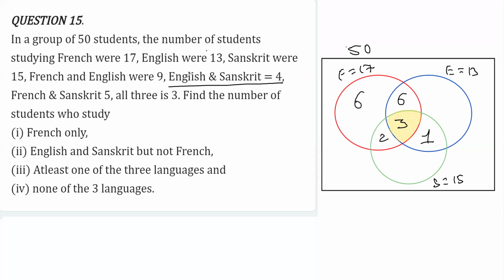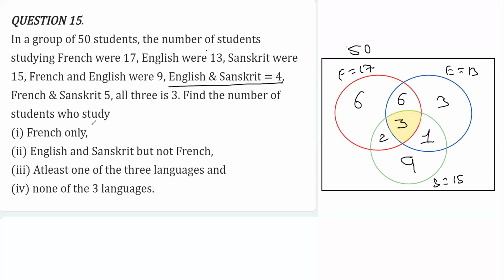Similarly, only English will be 13 minus the sum of these, 6 plus 3, 9 plus 1, 10. So this will give you 3. Similarly, only Sanskrit, from 15 we subtract 5 plus 1, 6. So 15 minus 6 is 9. Now we can answer the questions from here.